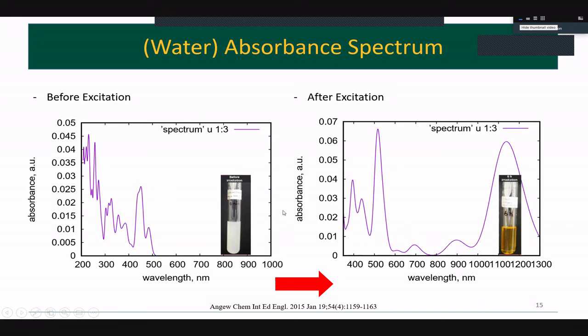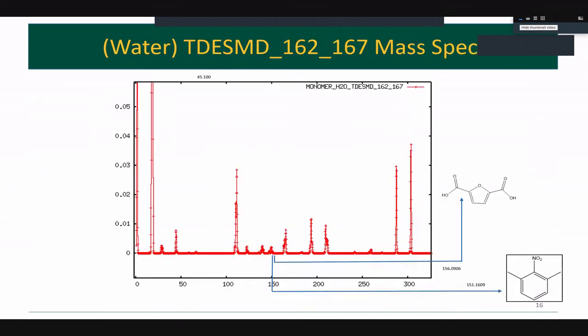And then as we do our calculation and after excitation, we do see a shift that would mimic the red shift that we saw previously in the experimental work that was done.